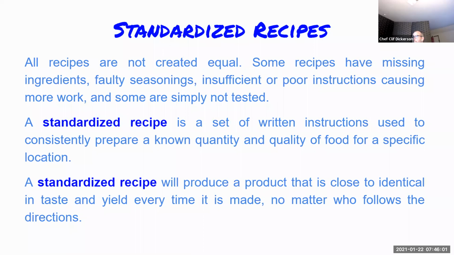A standardized recipe is a set of written instructions used to prepare a quality product in a specific location or whatever else. So you want to make sure those written instructions are good. Now there are multiple kinds of standardized recipes. You have what I would consider a professional standardized recipe, and you have a home style standardized recipe.